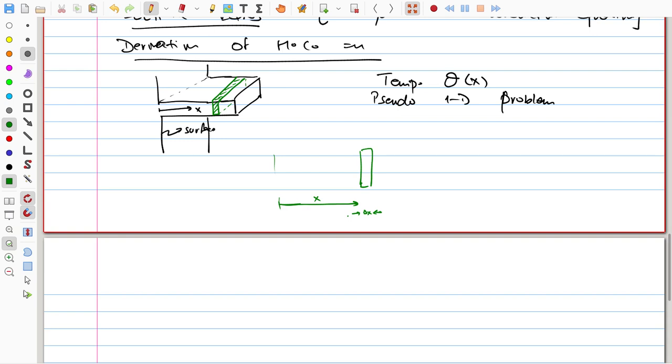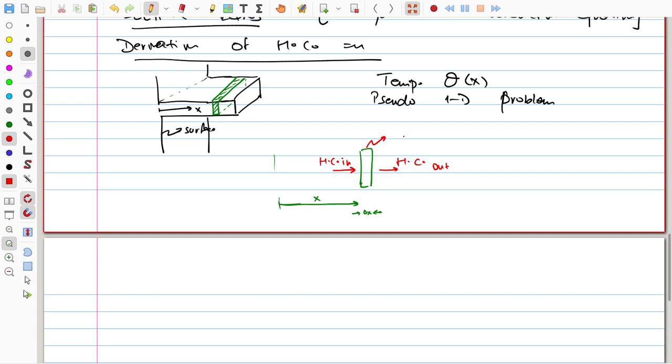So, what is happening is that there is some amount of energy that is entering this section, and that is because of heat conduction. Heat is getting conducted from left to right. So, heat conduction in, then some energy is lost, heat is getting conducted out, and the major reason you have a fin is you want to have some heat loss from the surface. That is the whole idea of having a fin, right?